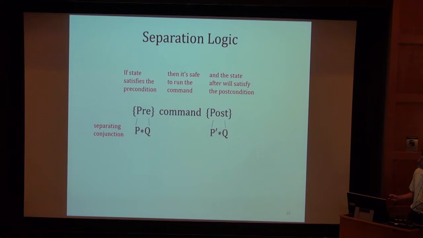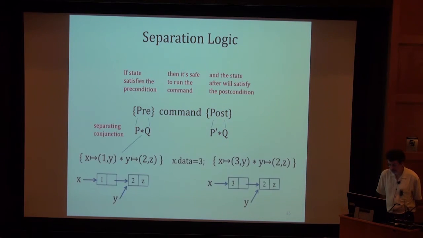And this operator, separating conjunction, written with the star, means P star Q holds on a heaplet if that heaplet can be divided into two disjoint subheaplets such that P is satisfied by one of them and Q is satisfied by the other.